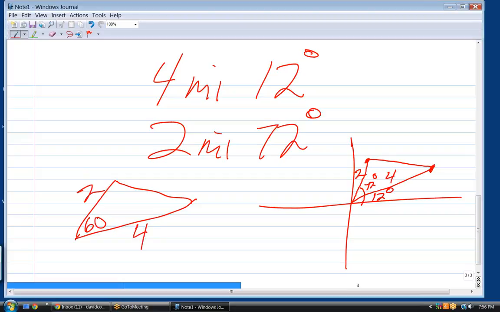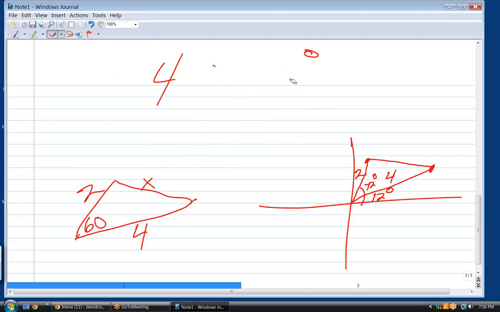How do we solve that triangle to solve for x? We would have to do the law of cosines. Yep. So, law of cosines, x squared equals what? I can't remember.